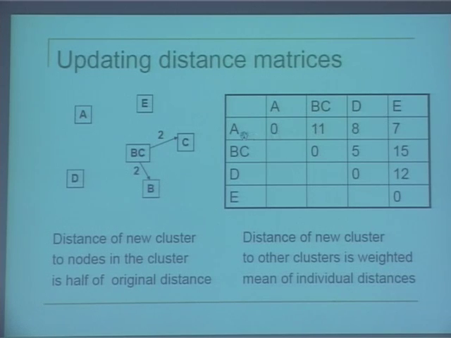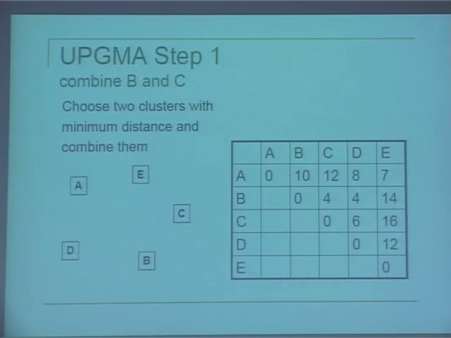What is the distance between A and BC? We have two groups: one of them is just A, and the other contains B and C. We need to decide the distance of A to BC.